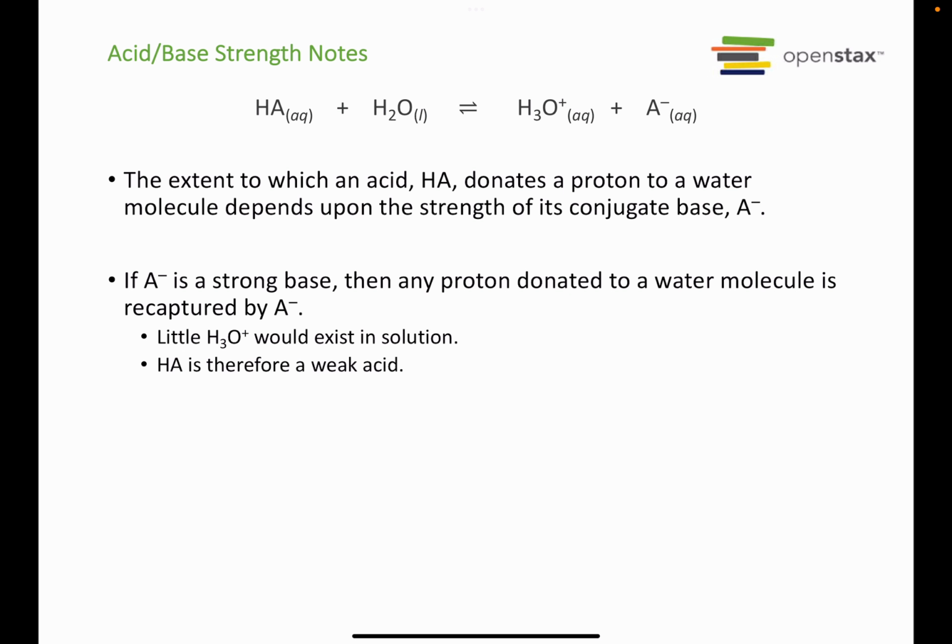And for HA to donate a hydrogen plus, it depends on the stability or the strength of A minus. If A minus is strong, of course, as soon as it releases the H plus, it takes the H plus and goes back to the original acid.